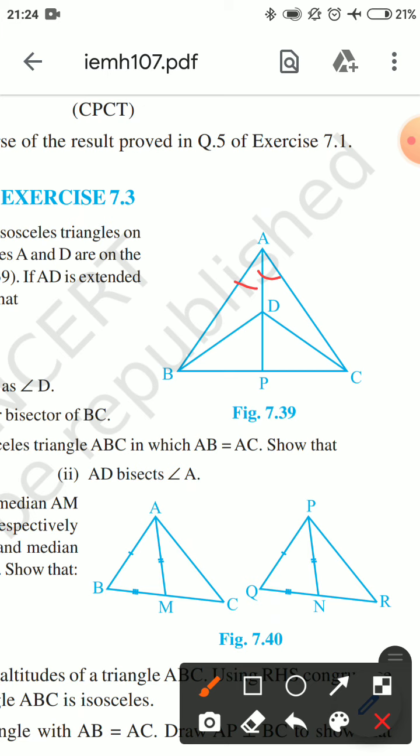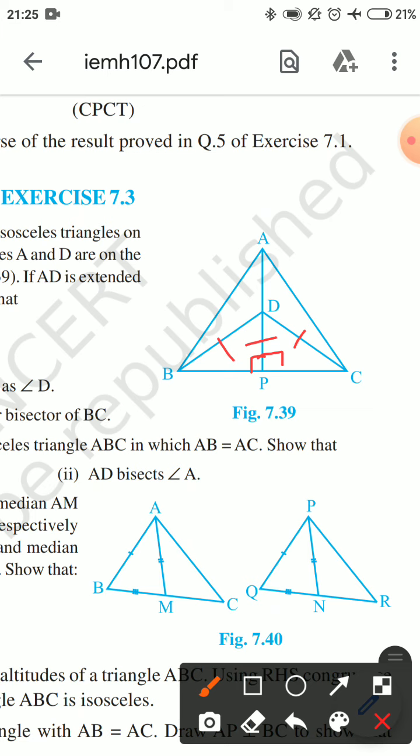Now if we need to prove that line AP also bisects angle D, we will first prove the congruency of triangle BPD and CPD. For their congruency, we can see that this side is equal to this side, this is the common side, and this one is a right angle triangle, these two angles are also equal.